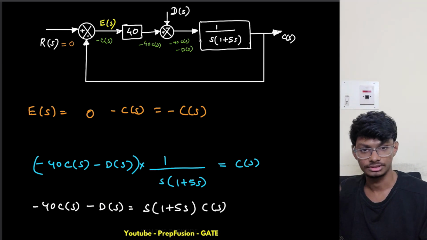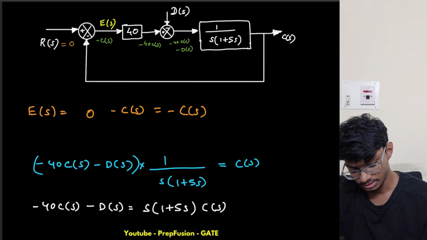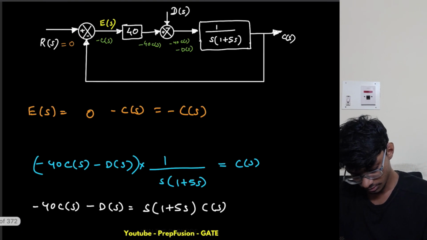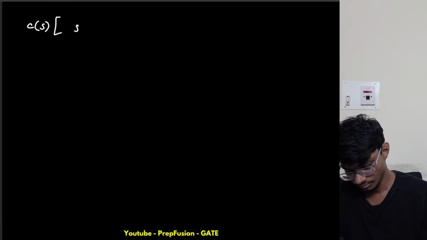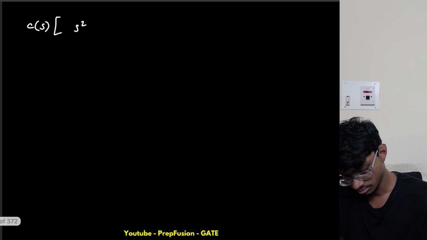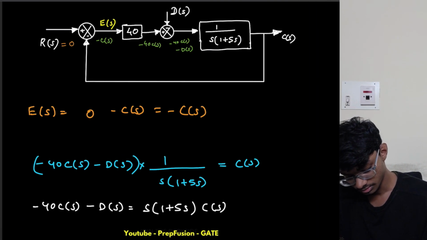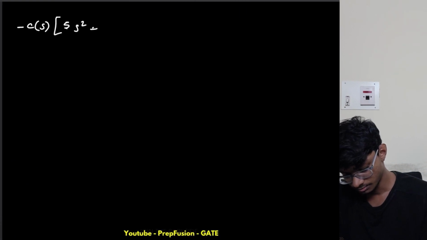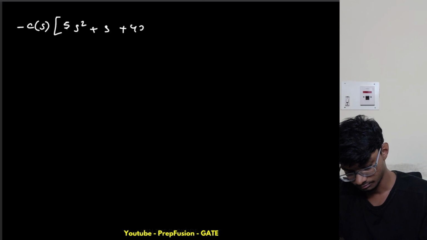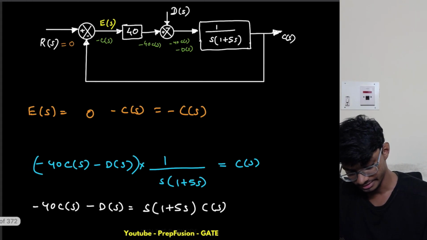Now I will write my C(s) in terms of D(s). So I will take C(s) on the left-hand side and D(s) on the other side. C(s) I will take common, and I take the minus common here. So this becomes 5s square plus s, then plus 40, and this equals my D(s).